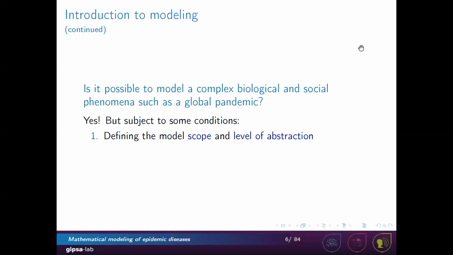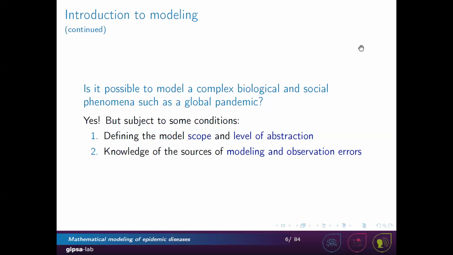They only have a reasonable meaning, or they only make sense when we have a population of, say, 1 million individuals. But some other models are micro level, and they can be applied to as few as a single individual. So these are critical factors to be clarified for any model.